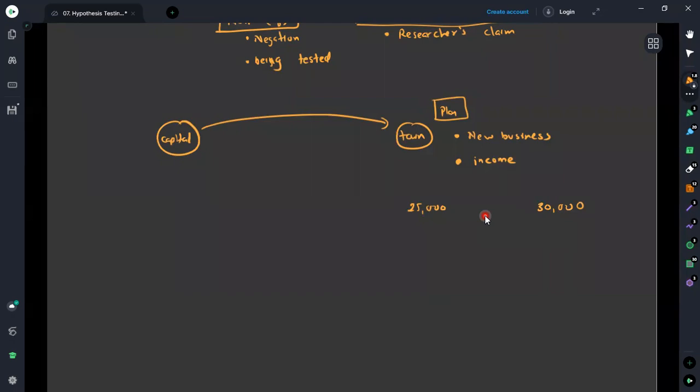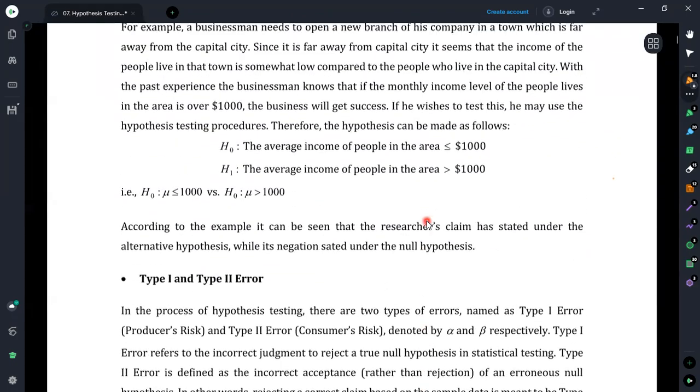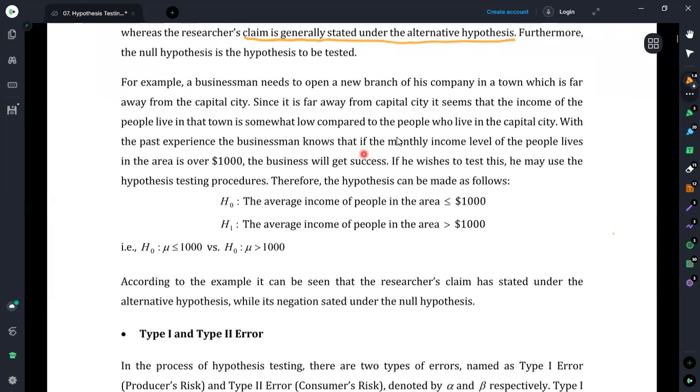If it is a new TV or radio, then he may not be able to run a good business in this area if the average income is around 30,000. So as the first thing, the businessman should get an idea regarding the income of the people who live in this area.